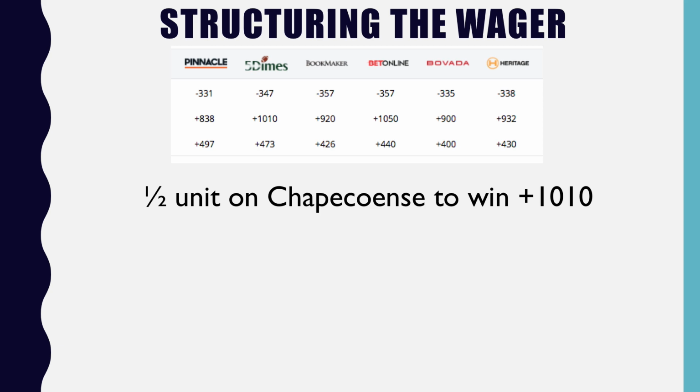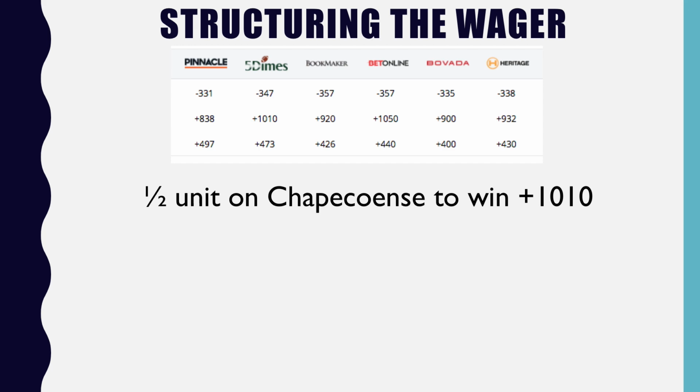Now, the reason you see a half unit on Chapecoense to win at plus 1010 is, they are the away team, and based on my research, the home team in soccer wins about 50% of the time.